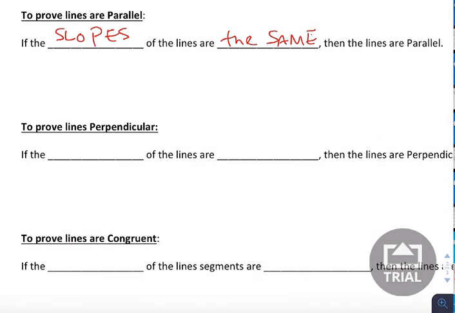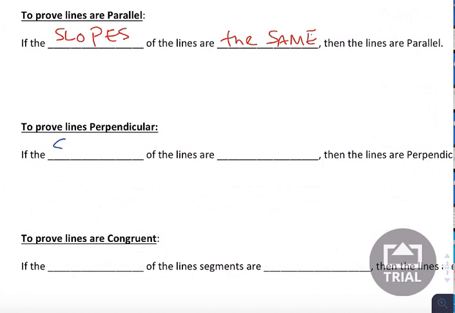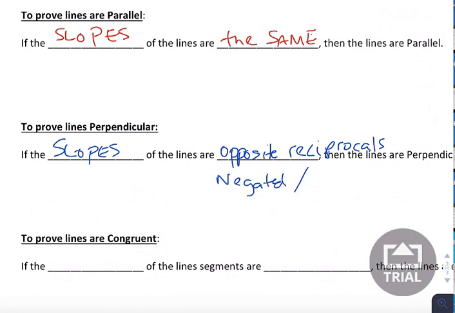To prove lines are perpendicular, if the slopes of lines are opposite reciprocals, which again just means negated and then flipped, the lines are perpendicular.